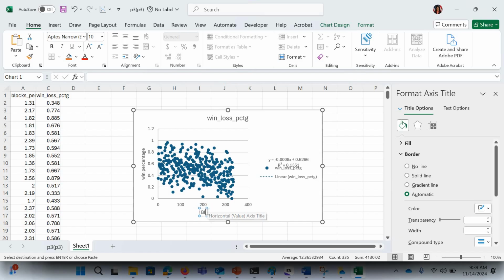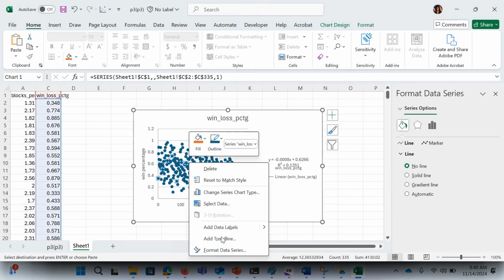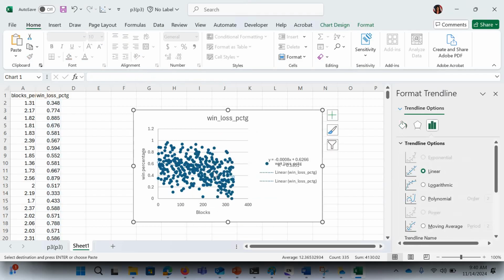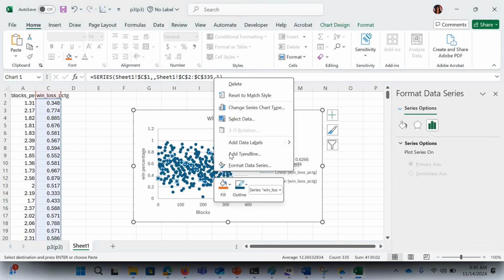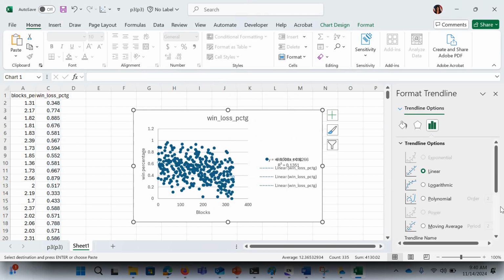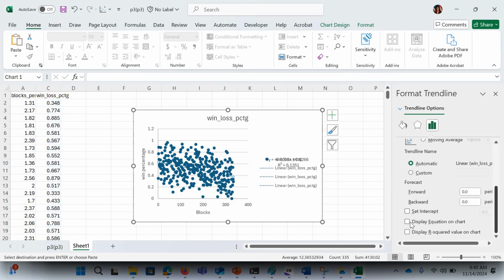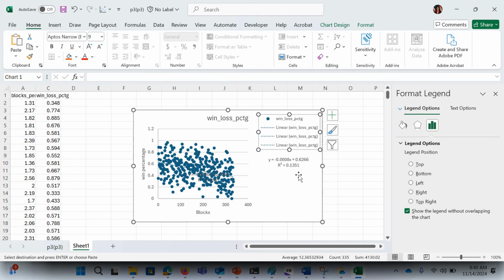And that also looks, does this make sense? The higher the number of blocks, the lower the number of wins. That's what it's telling me. It's telling me there's a negative trend. The slope should be negative. It looks like a negative relationship.